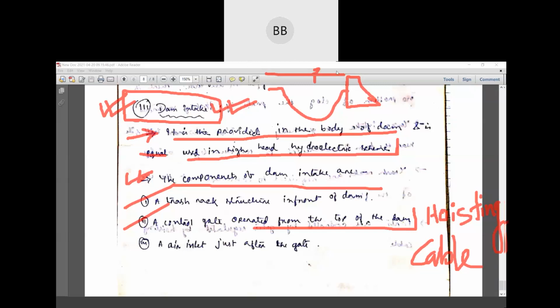And then the third point is we have an air inlet just after the gate. These are the components of dam intake.